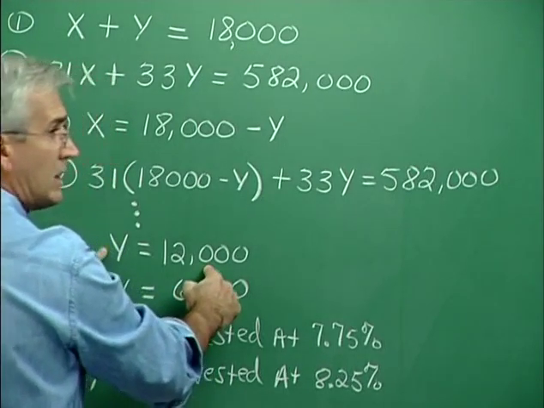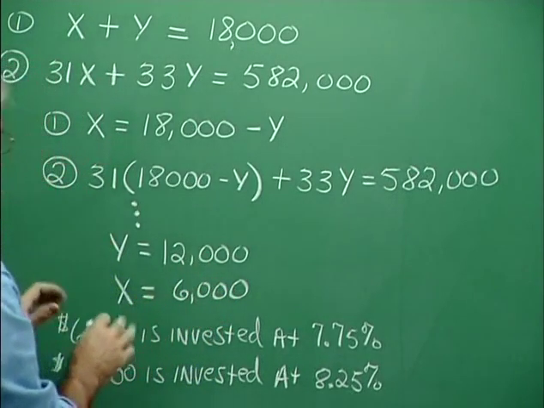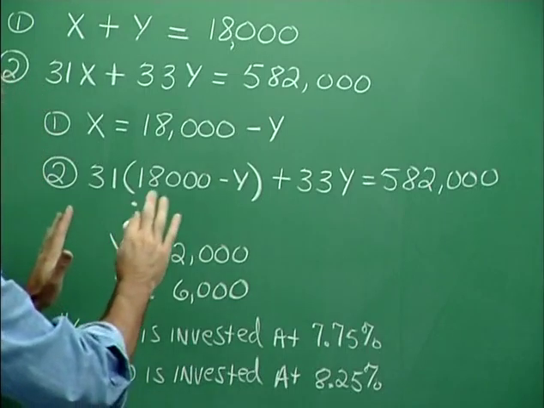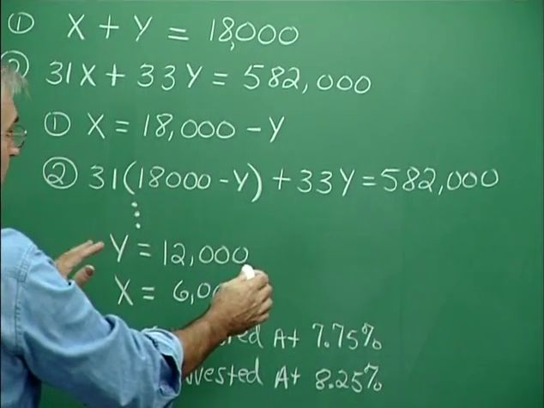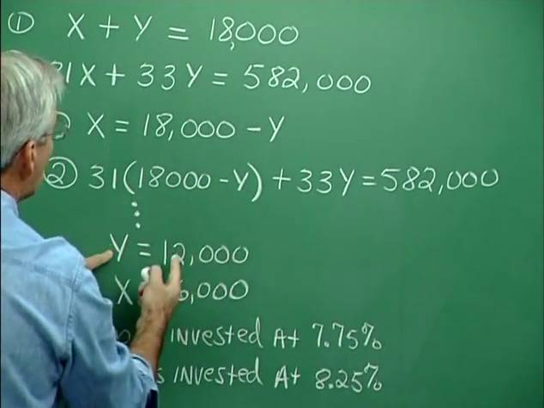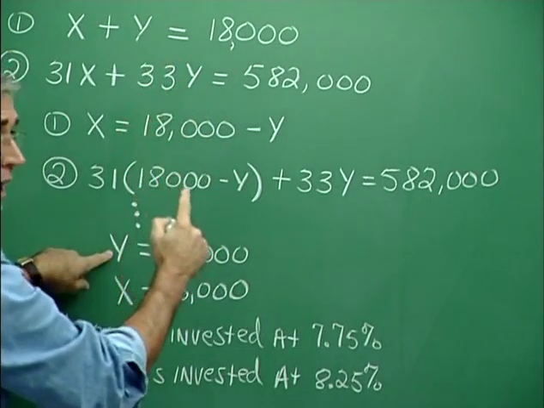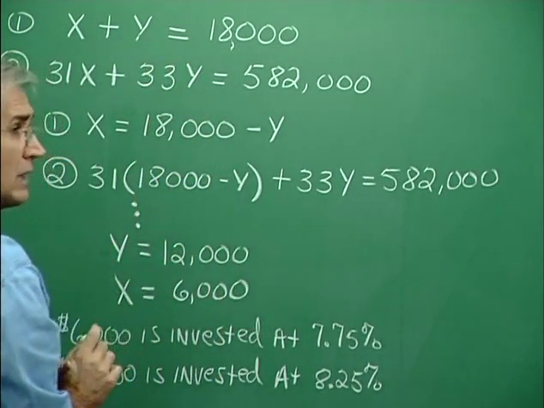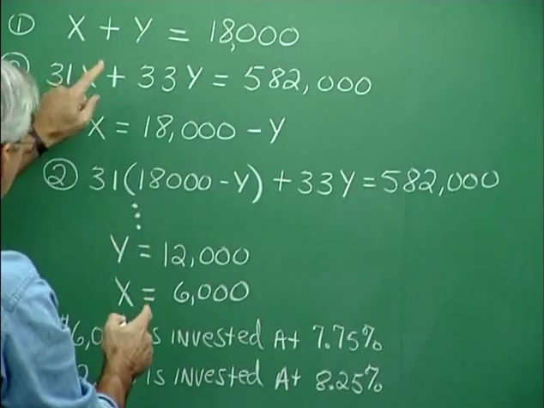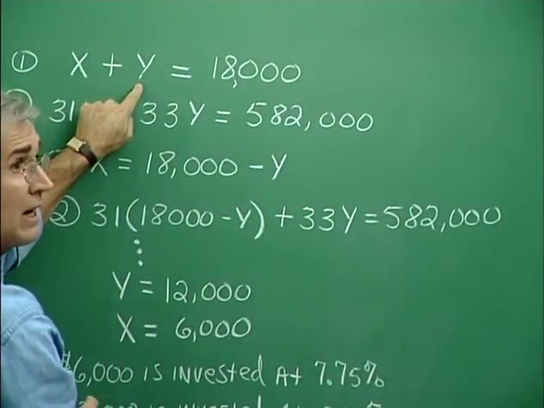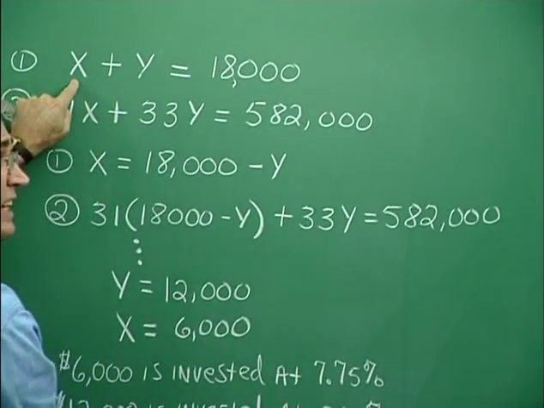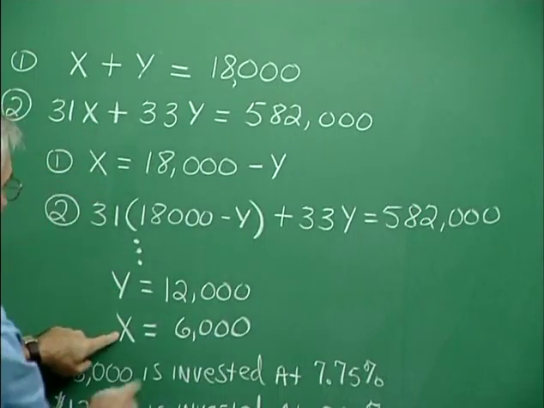Now, where are we in this problem? We're at a place where we've solved for one of the letters, but we need the value of the other letter. And we find that by going into either of the original equations and putting in this information. It's pretty easy to tell that if Y is replaced with 12,000 here, that X will need to be 6,000. So we find X to be 6,000.